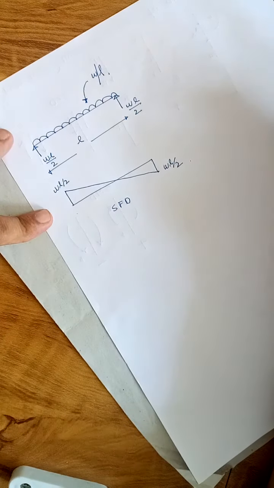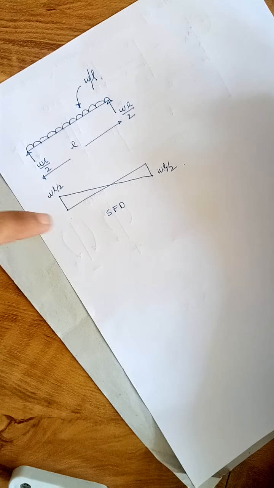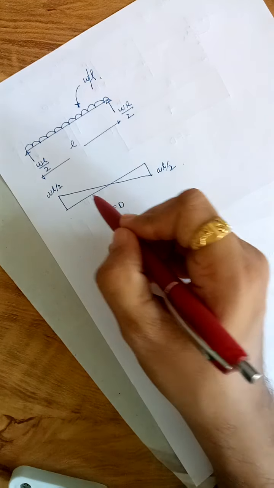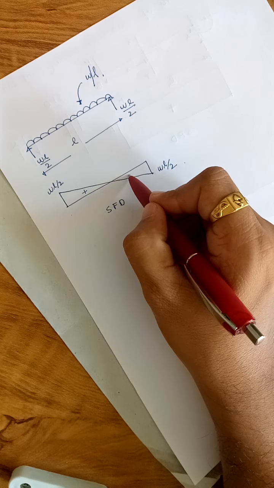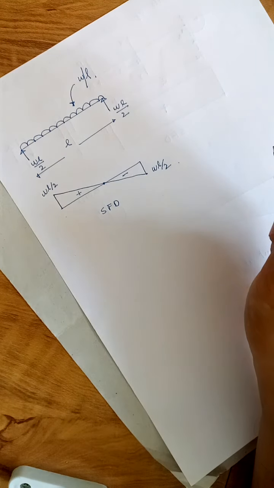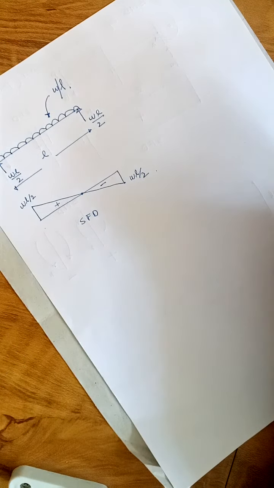Whenever there is a change in sign of the shear force diagram, there will be a maximum bending moment. This is positive, and here it is negative. So at this point there will be the maximum bending moment. Okay, but we will go by our method.